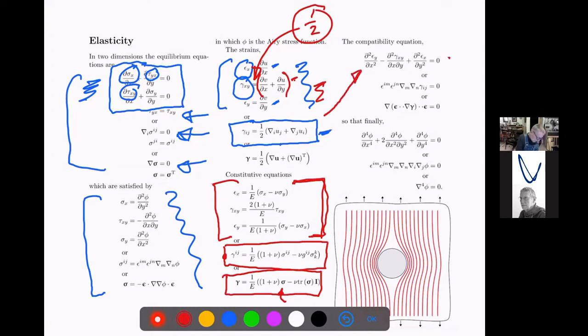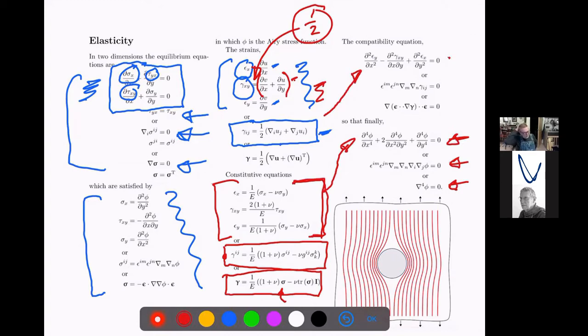Then you can put this into there, and you finally end up with one differential equation for the stress function, which you can write in this notation, or this notation, or this notation. The nice thing about this equation, the biharmonic equation, is that it's the same equation that you get in plate bending.